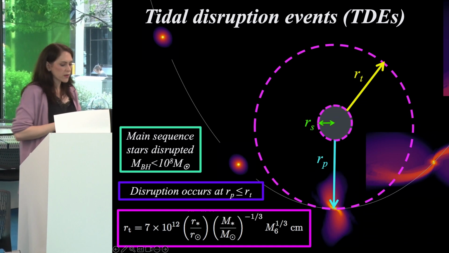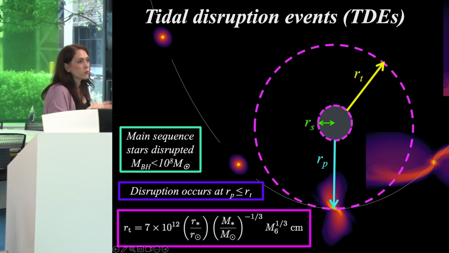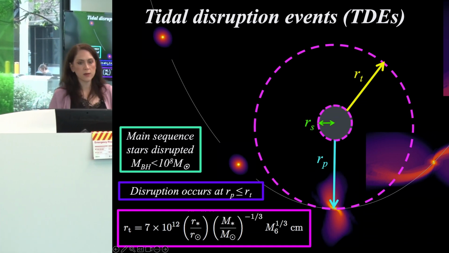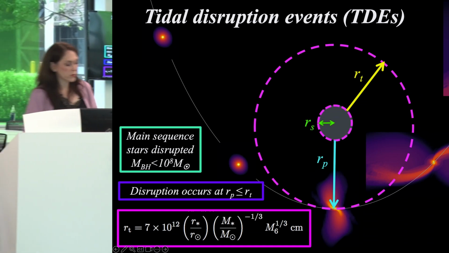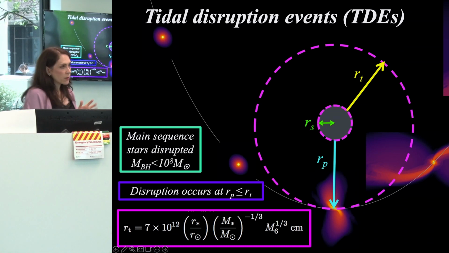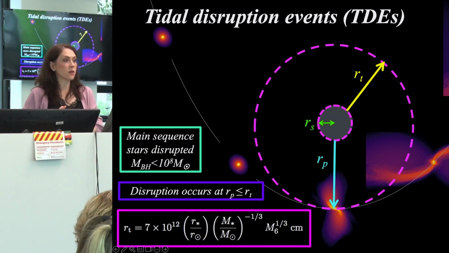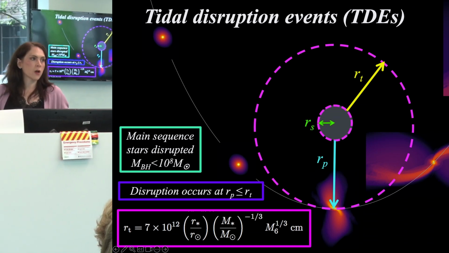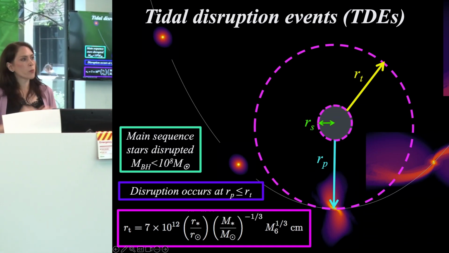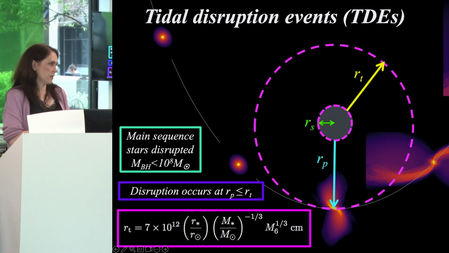As a consequence, no TDEs will be observable for black holes with masses greater than 10 to the 8, though you may be able to push a little bit higher if the black hole is rapidly rotating. Most tidal disruption events that we're looking at probe black hole masses less than 10 to the 8, right?